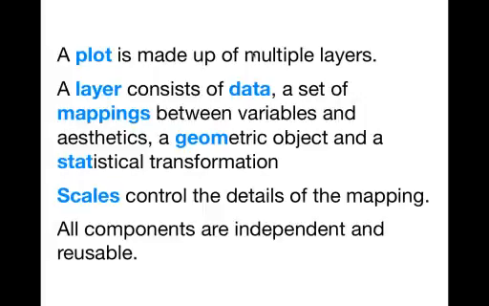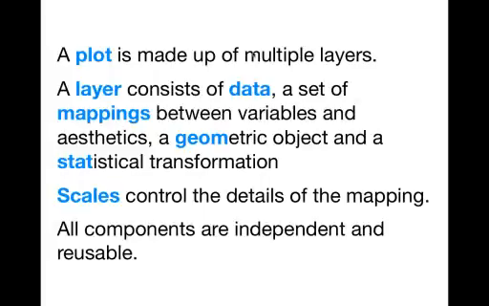So a really important idea underlying ggplot2 is that a visualization is basically when we map the variables in our data to things that we can perceive, or aesthetics. So these are things like position, shape, size, and color. Then to display those aesthetics, we need to use some kind of geometric object like a point or a line or a polygon, and often we also need some kind of statistical transformation.